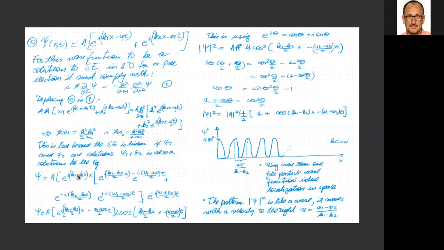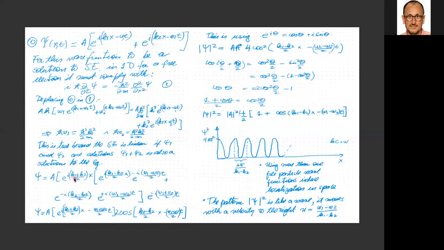So to do that, I do the trick here of rewriting this thing, I factor out something: K1 plus K2 divided by 2 times x, I factor it out this way, okay? So if I do that, I have to rewrite what's in here. Let's look at the product of this factor times this.